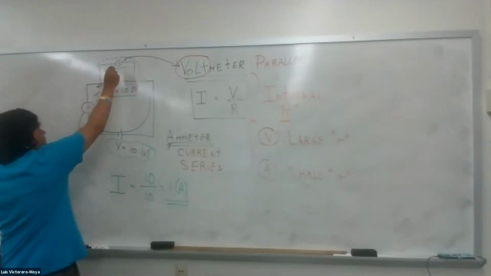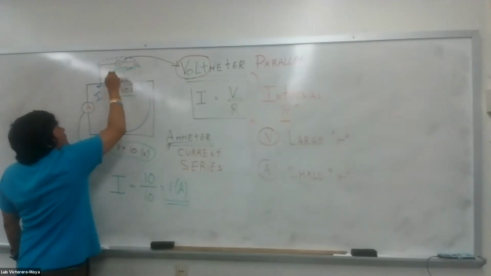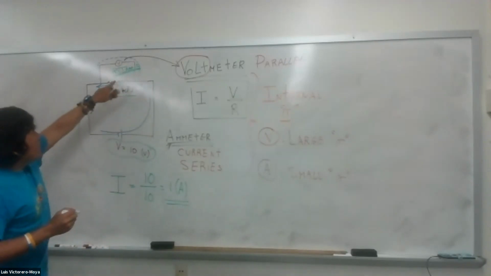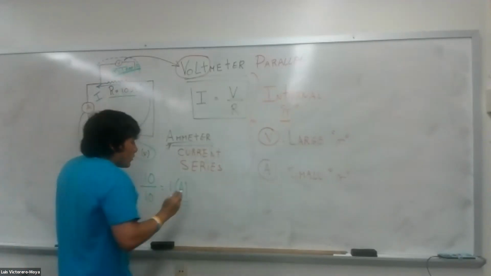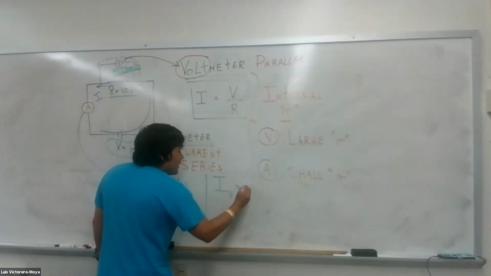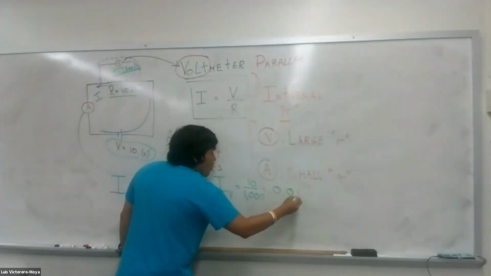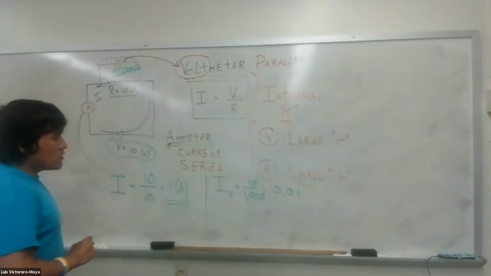So if the resistance here is 100 times bigger than this, then the resistance here is 1000 ohms. So if I know that the voltage is 10 and the resistance is little r, 1000, then the current on the voltmeter is 10 divided by 1000, I cancel a 0 and it will be 0.01 amperes.